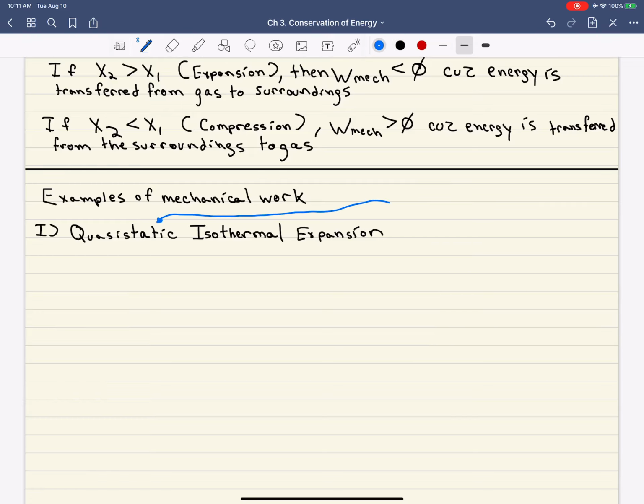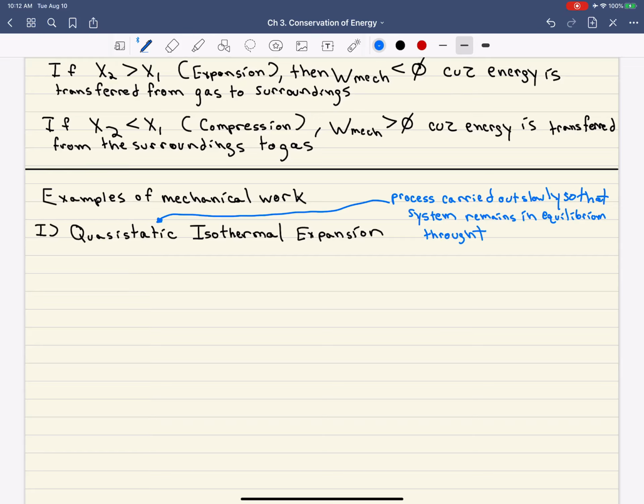All right, and so really all that means, if you have a quasi-static process, is that the process is carried out so slowly that the system remains in equilibrium throughout.